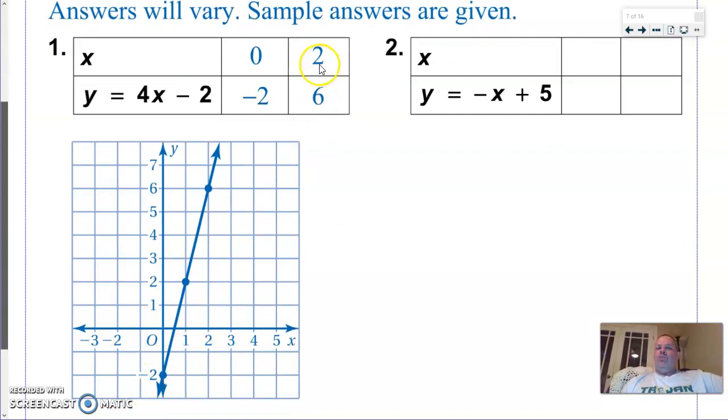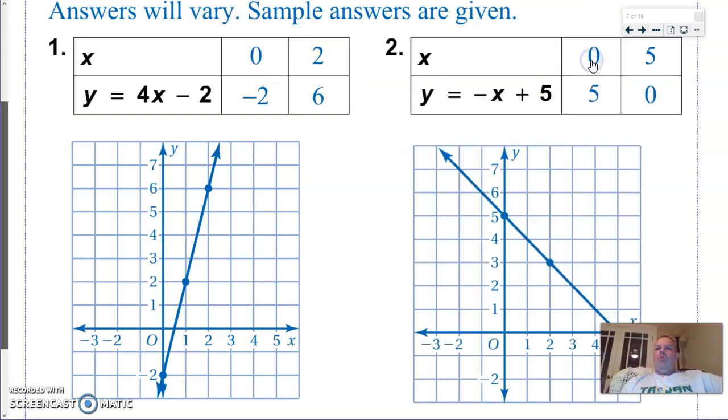When I put in 2, that gave me 8 minus 2 is 6, so I put in x of 2, y of 6, over 2 up 6. I connected these 2 points, and that is my line. You can put in any number you want for these, and you will get the same thing.